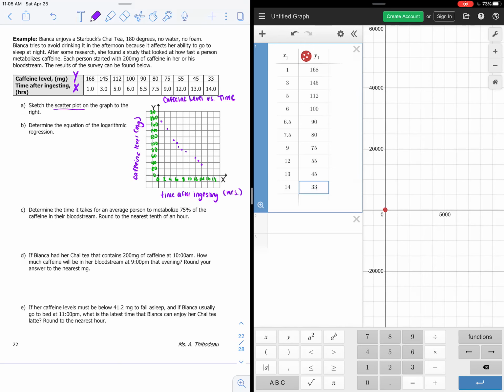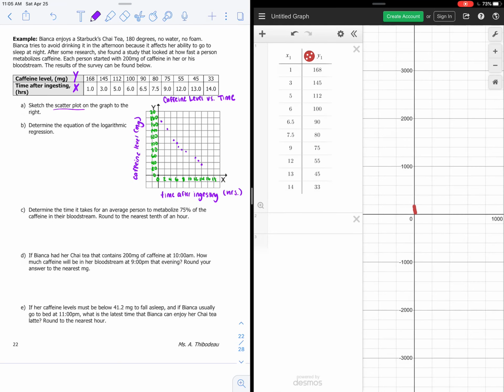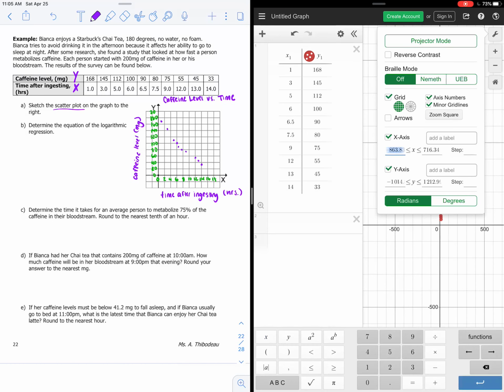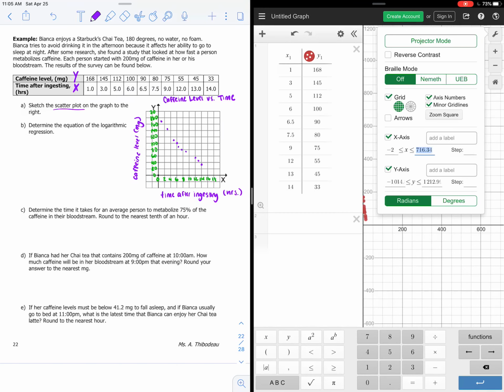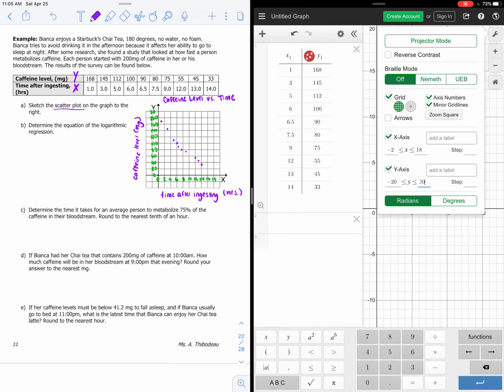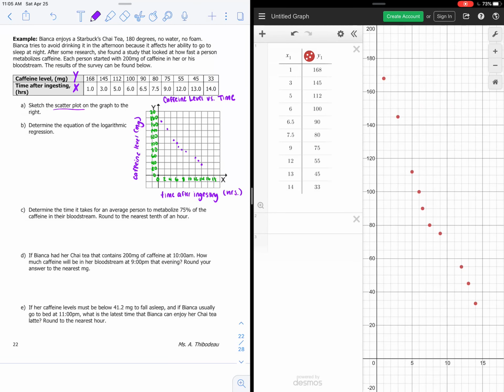We also might want to change our scale, because right now our decimals just look like a small little dot. So to do that, I'm going to do the same thing. Maybe I'll make it match our graph. So our x can go from -2 all the way up to 18, and our y can go from -20 all the way to 200.